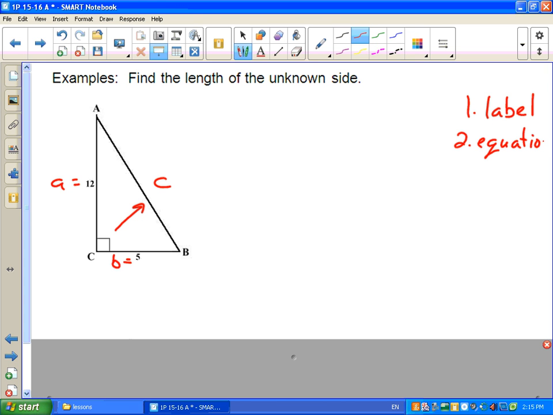What is our equation for the Pythagorean theorem? What is it, Logan? I said you'd have to remember this. We just had it on the last page. What is it?